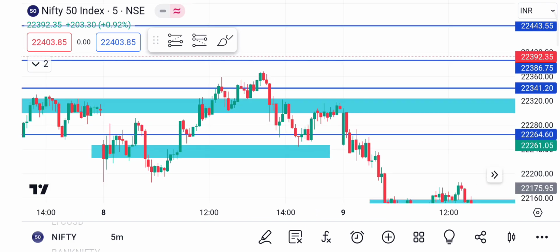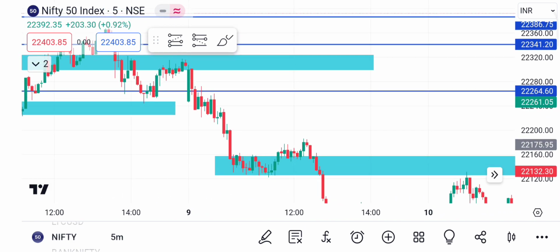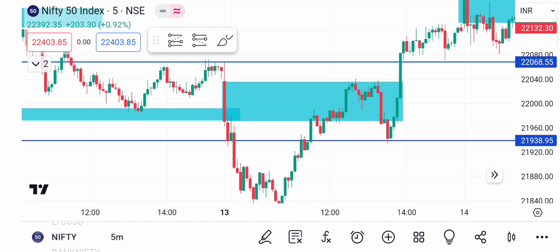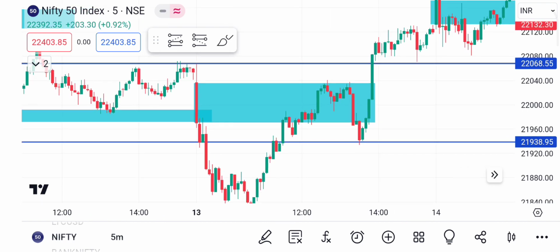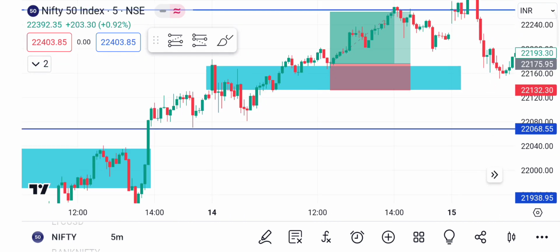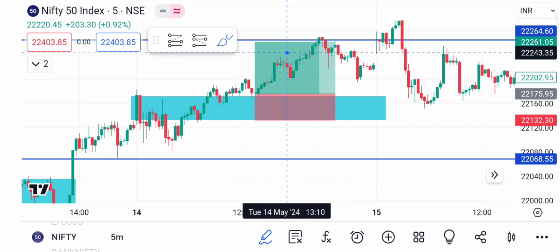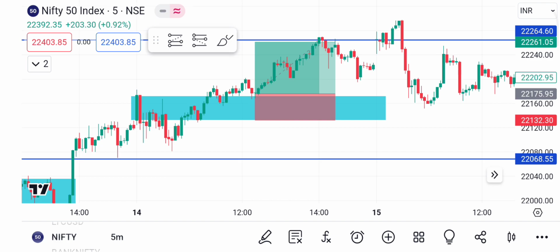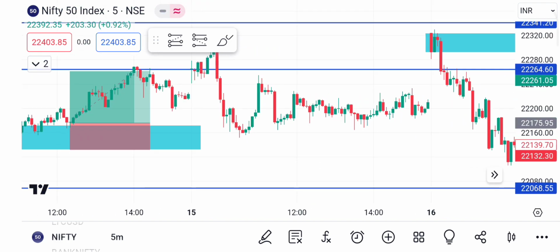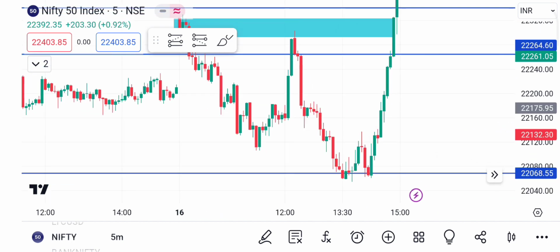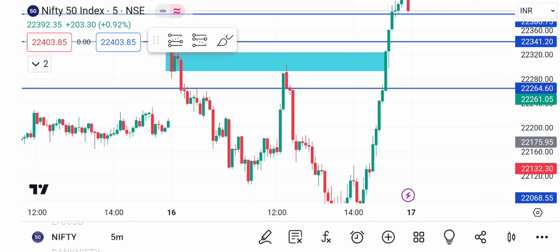Okay, and on 9th not that much, but on 10th we have seen that, and 13th we have seen that. Okay, and on 14th we have seen that. In fact, I have taken this trade, I have marked it, and I wanted to put post it shorts. I don't know if I did that. Okay, again on 15th, yes, it's not there, and on 16th again we saw that.